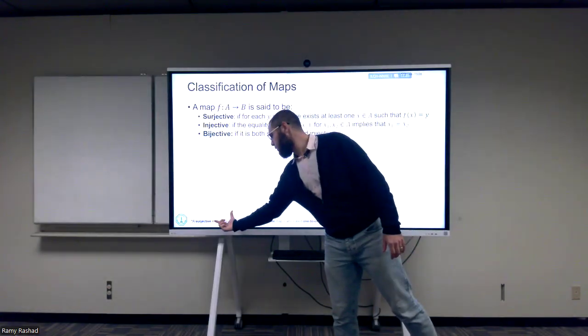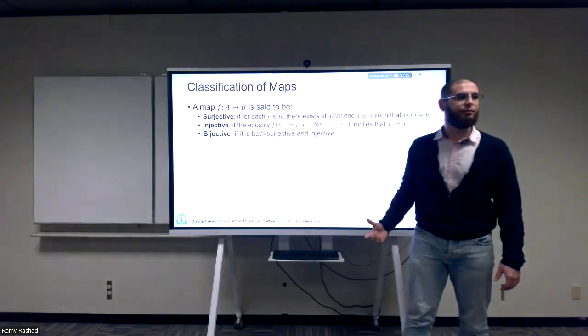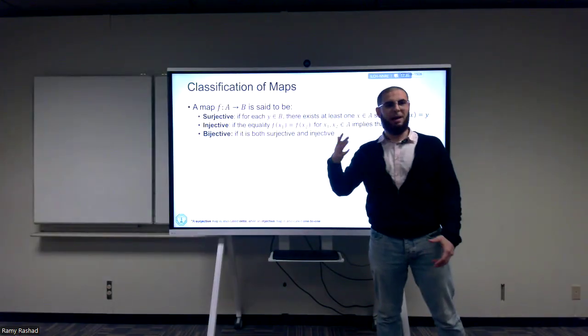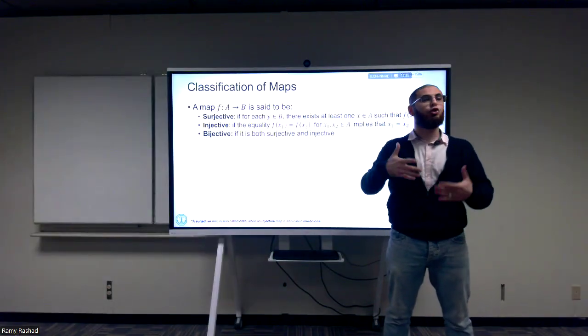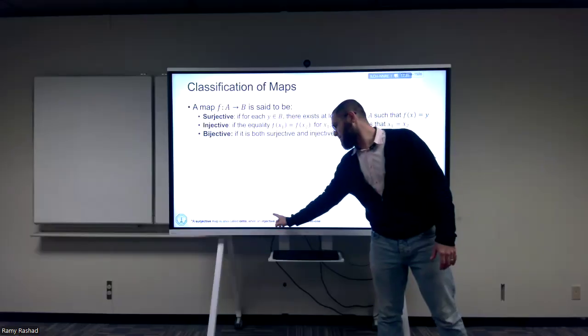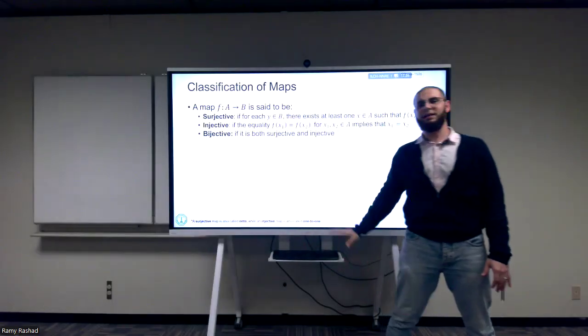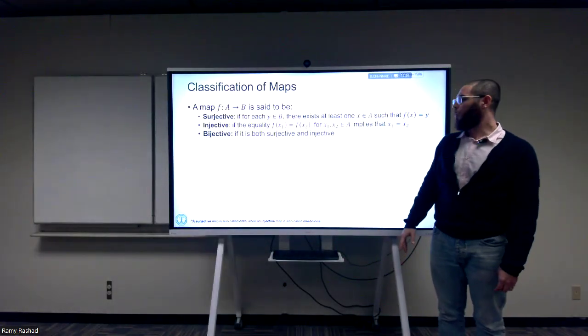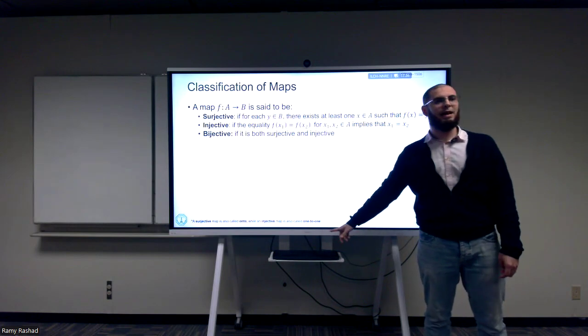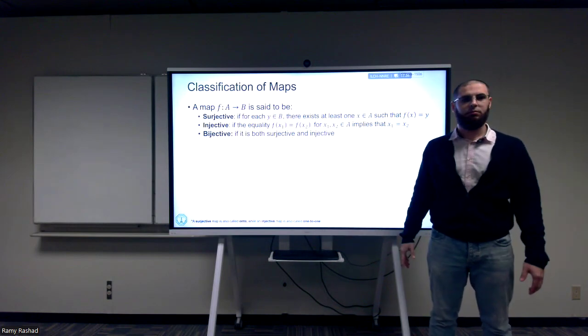Sometimes we call surjective onto. So a map that is surjective, sometimes you call it an onto map. And sometimes the injective is called one-to-one. Let's start with the injective one. When you say you have a one-to-one map, what does that tell you?